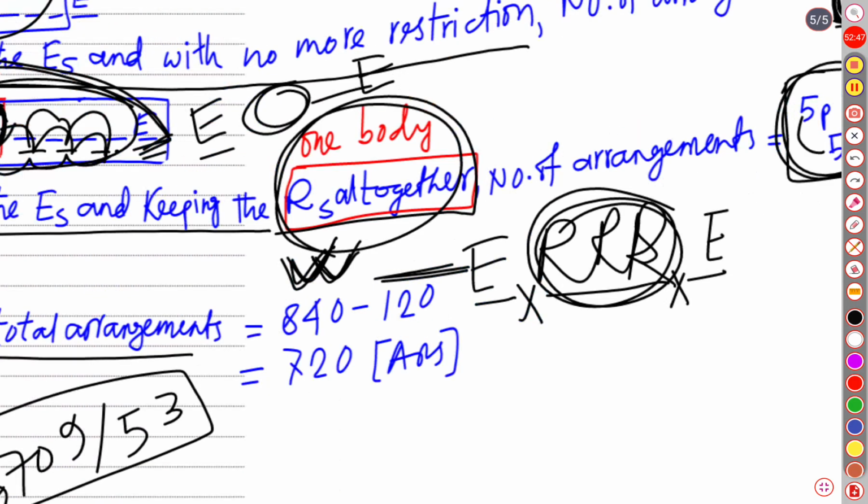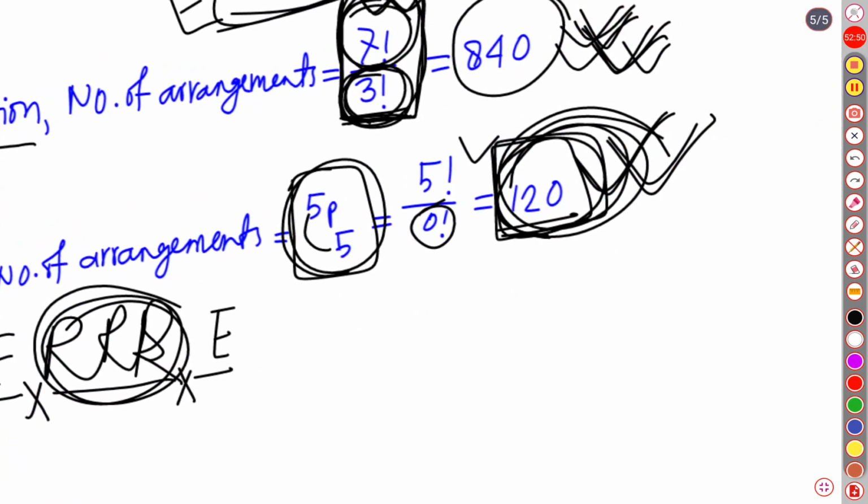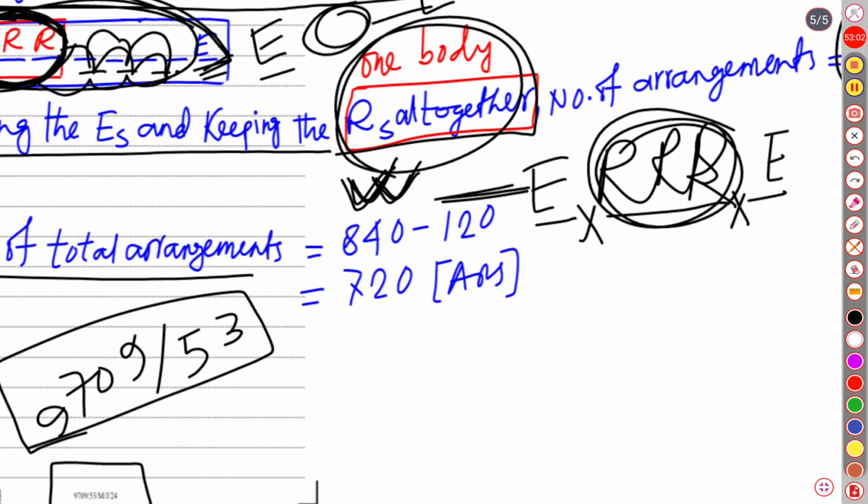I can show you again. Here, look at this. When all the r's are together and e's are at the end and at the beginning, then 120 ways they can be arranged. So if we subtract these 120 from the total arrangements, that will be the answer when all the r's are not together.